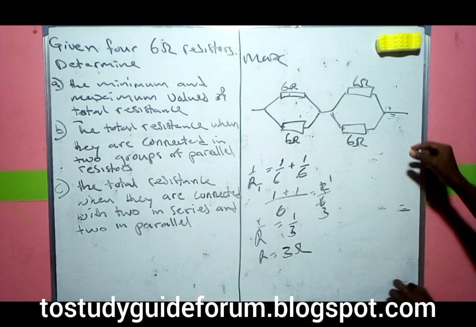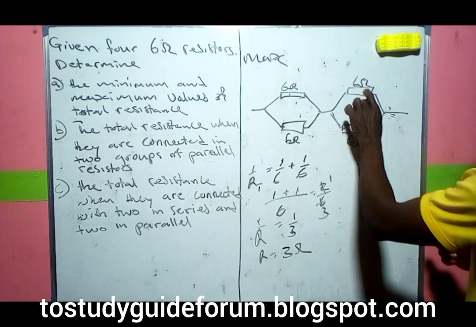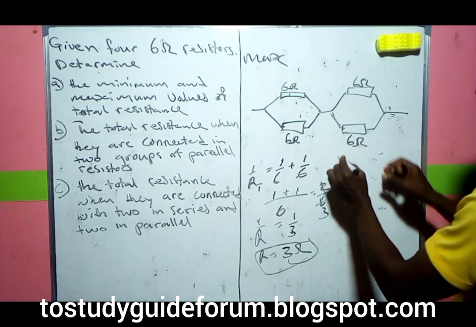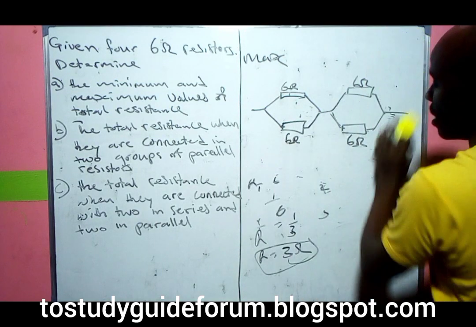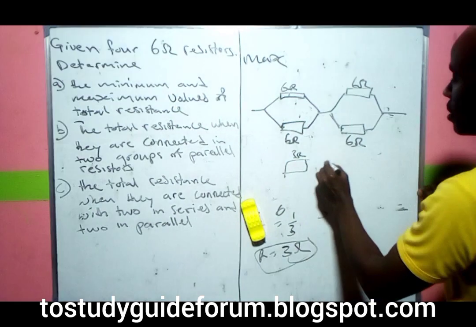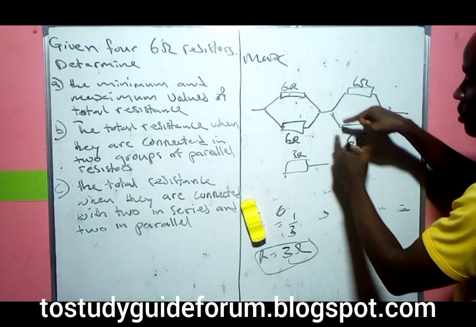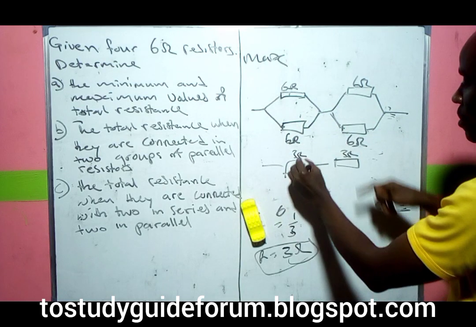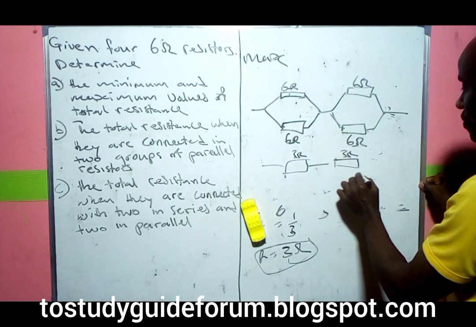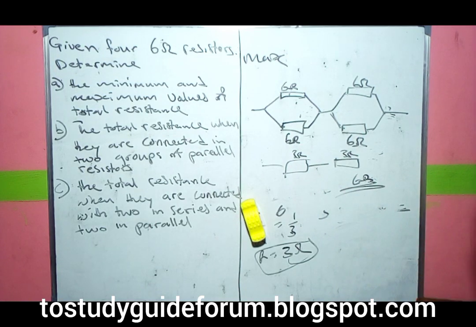The next one is also 3 ohms. Now we have something in series. This one is 3 ohms connecting to another 3 ohms. If we sum it up, 3 plus 3, we have 6 ohms. That is what we have for this.